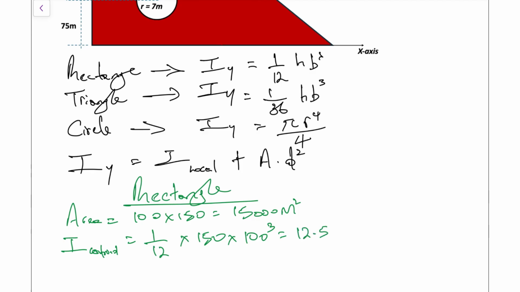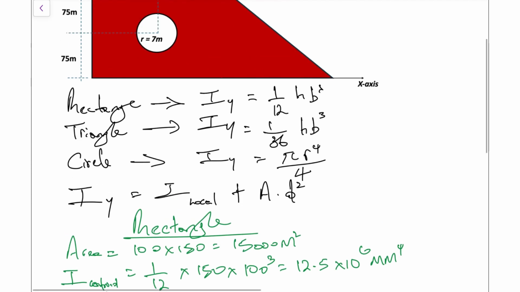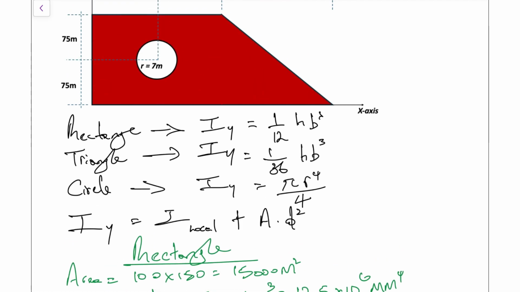I'm just going to use some standard form here, times 10 to the power of 6 millimeters to the fourth power. Now, in terms of the distance, we're going to measure that up to the center of this shape because it's a rectangle.